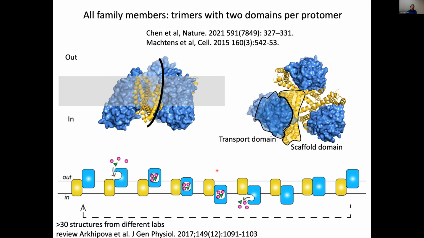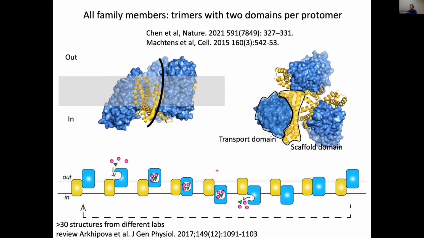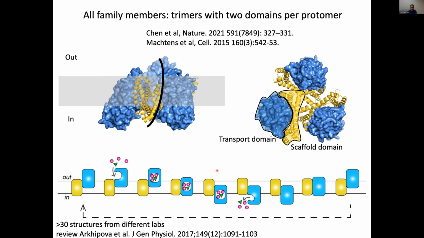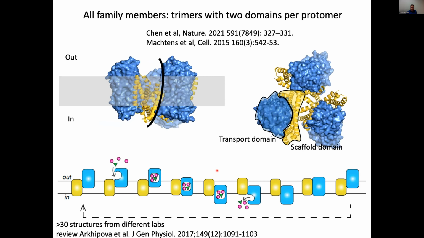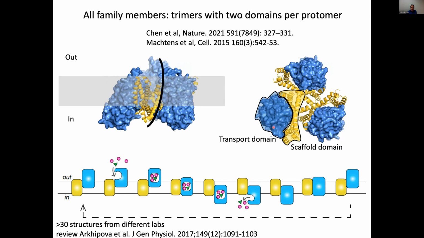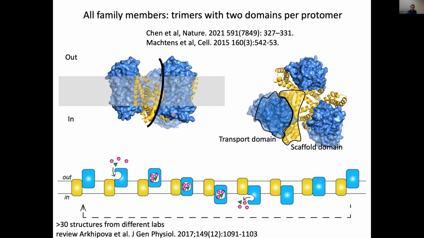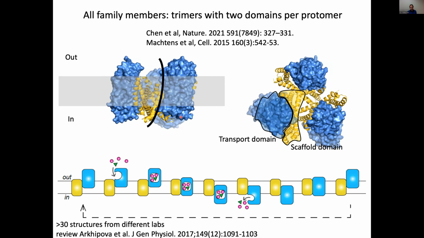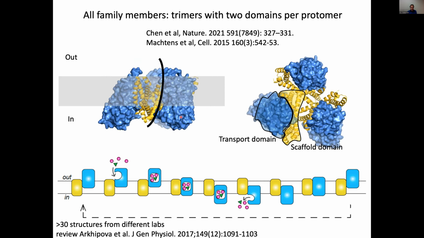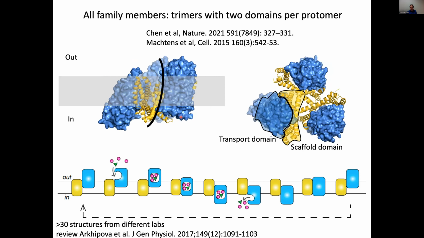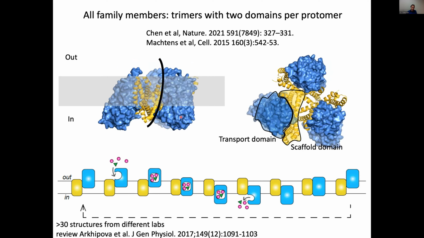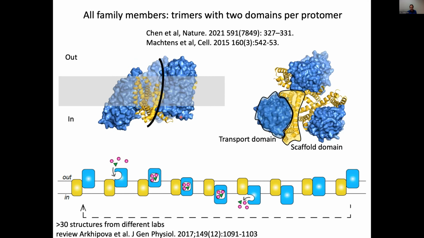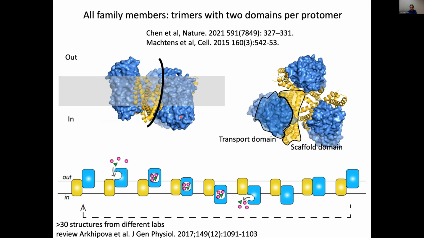Now, the way that we now think that the chloride conductance is related to this transport activity is that at the interface between the scaffold and the transport domain, during the movement of this transport domain, a channel transiently opens, which can conduct chloride ions or nitrate or thiocyanate, these negatively charged ions.